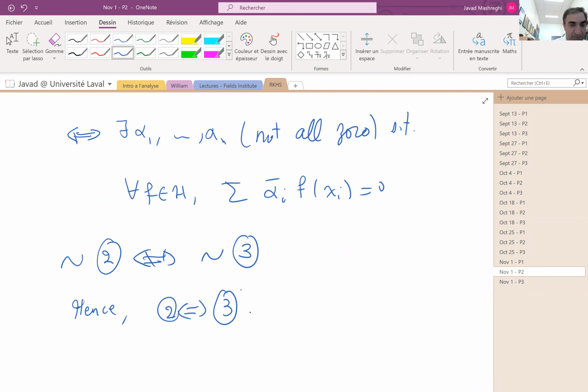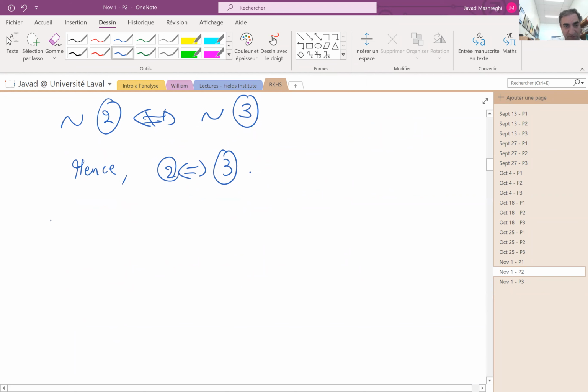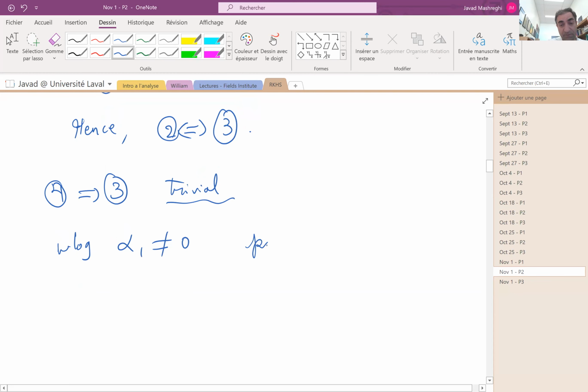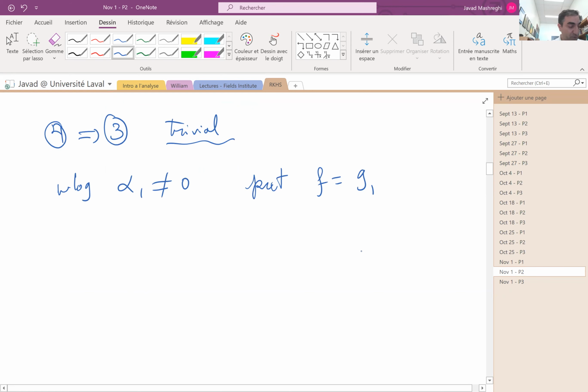The 4 implies 3 is also trivial, because assume without loss of generality alpha 1 is not equal to 0, because in 3 we assume that not all of them are 0. One of them is not 0. Assume that alpha 1 is not 0, and then consider your function f to be g1. Then what do we obtain?